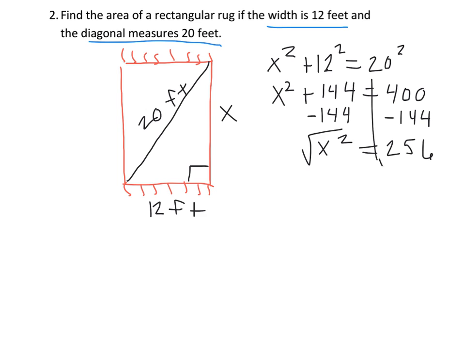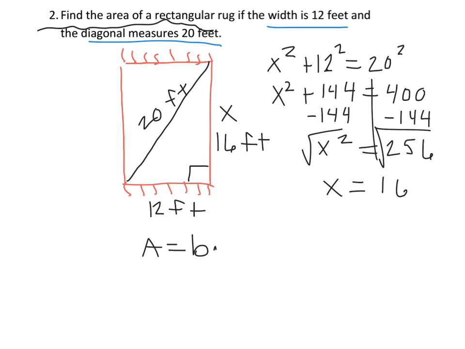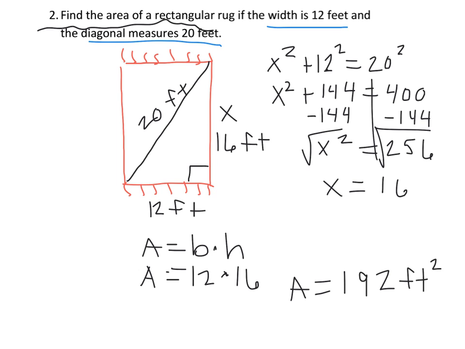So when we square root both sides to get x by itself, x equals 16. So we know over here is 16 feet, but we were asked to find the area of the rug, and so the area equals base times height, or length times width, same thing. So the area equals 12 times 16. So the area equals 192 feet. This is area, so squared.